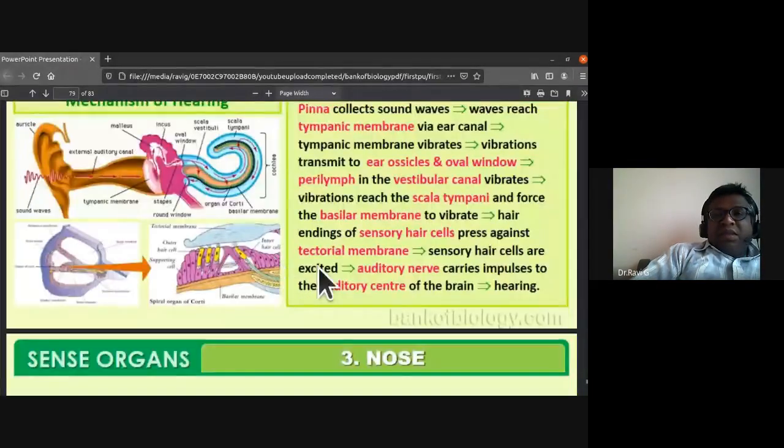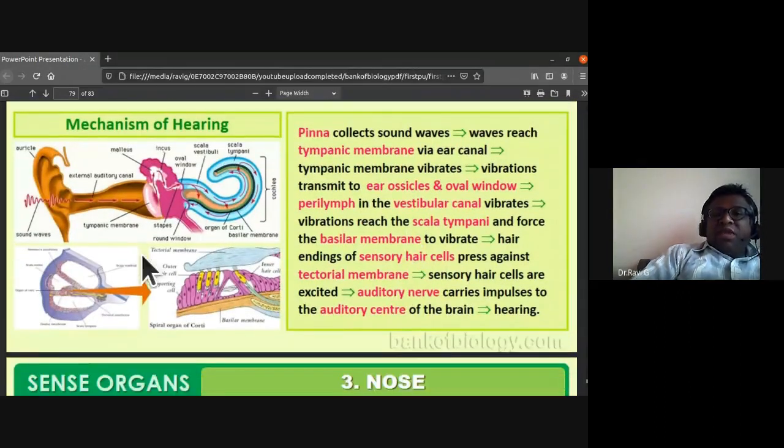Now, how does the mechanism of hearing take place? The pinna collects the sound waves. The waves reach the tympanic membrane via the ear canal, so the tympanic membrane vibrates. The vibrations are transmitted to the ear ossicles and the oval window. The perilymph in the vestibular canal vibrates.